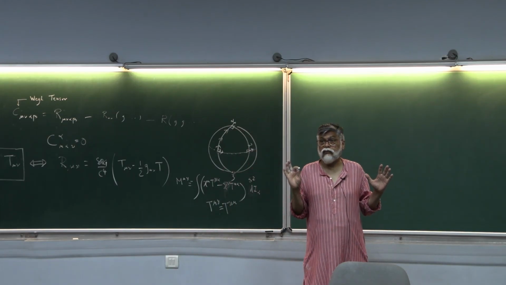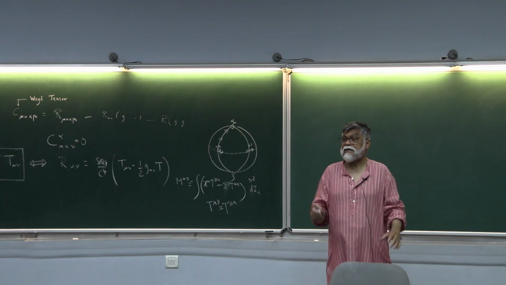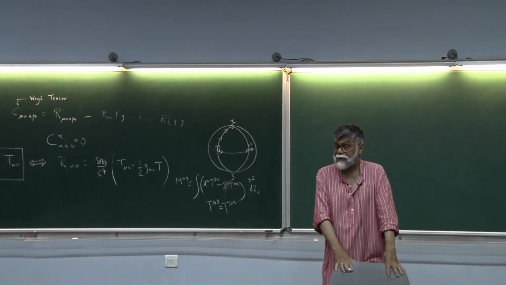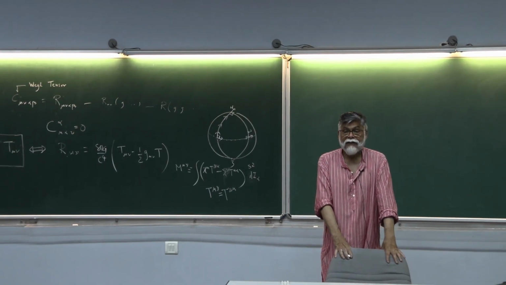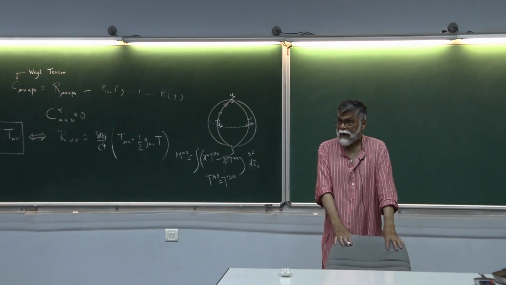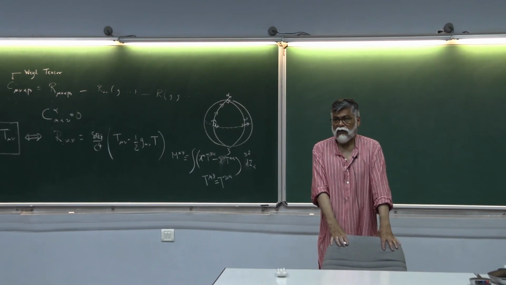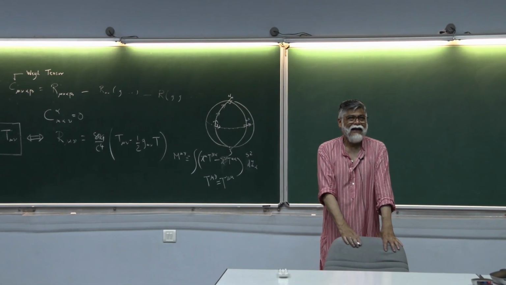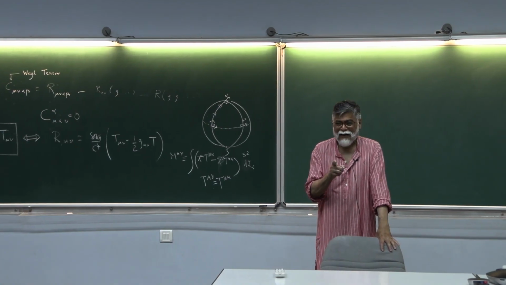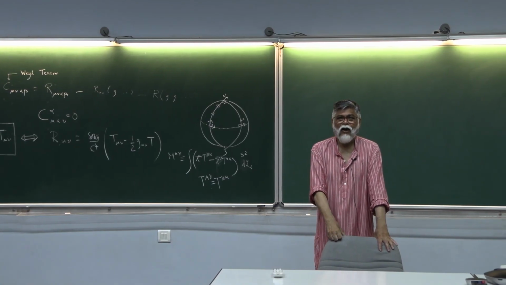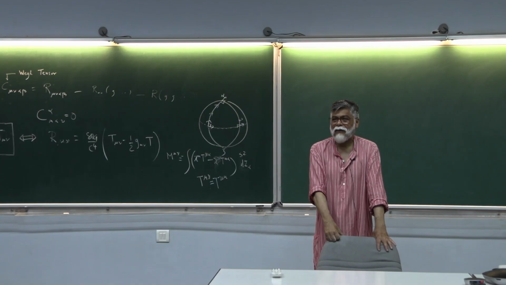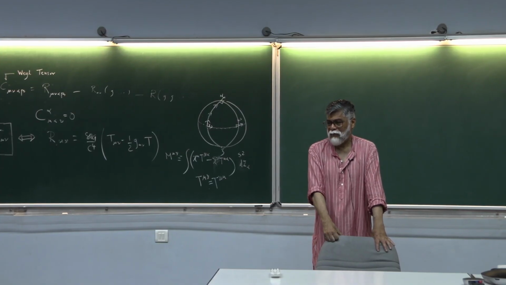We all know from our classical mechanics exercise that whenever there is a symmetry, there is a conservation law. For example, if the Lagrangian doesn't change under translation along the x direction, then momentum along x direction is conserved.